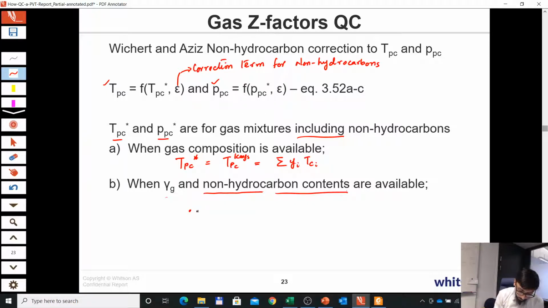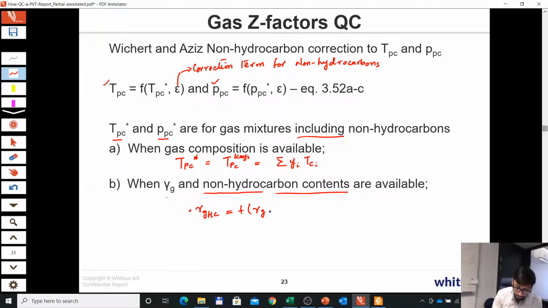The first step is that you need to find out the gravity of the hydrocarbon gas, which is a function of the gas gravity. This gas gravity here is the total gas gravity containing the non-hydrocarbon components, meaning what is measured in the lab.